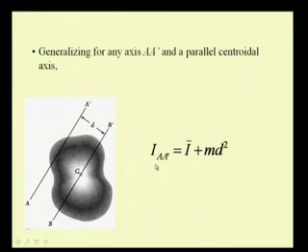Then we can write I a prime, the second moment of the mass with respect to this axis, is equal to I bar, the second moment of the mass with respect to this centroidal axis, plus m d square, mass into this distance square.